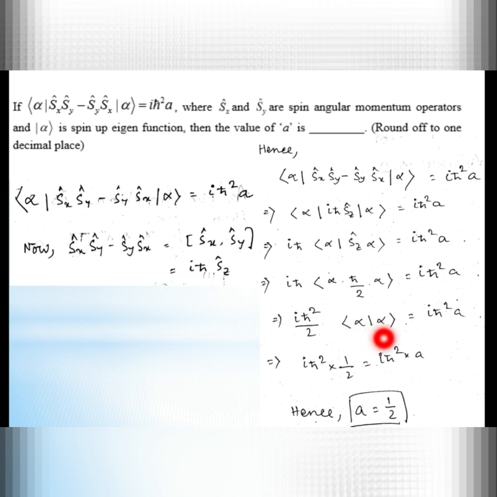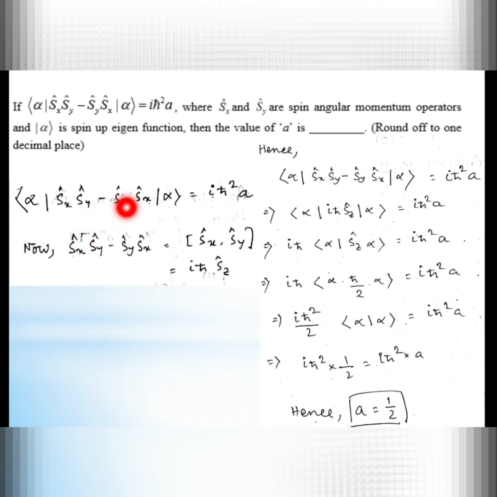Now alpha is an orthonormal function, so the value of this integration is equal to 1, and this equation becomes iħ² into half is equal to iħ² into a. From both sides iħ² cancels out and a is equal to half. So the answer is a equal to half.